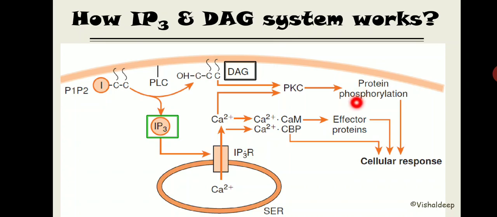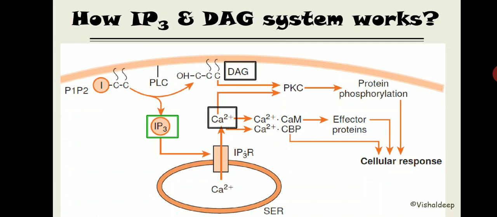So there are two kinase enzymes activated in the IP3 DAG system. Via IP3, CAM kinase, and via DAG it activates protein kinase C. Both these kinases will phosphorylate different sets of proteins present inside the cell, and cellular activity will be changed.